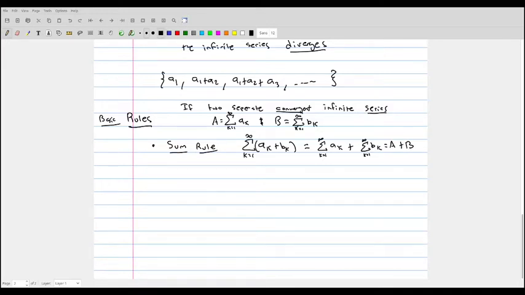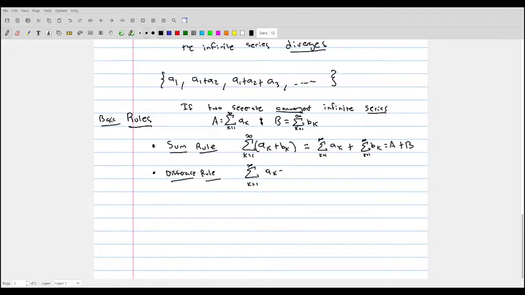We also have a difference rule, which is very similar to the sum rule.